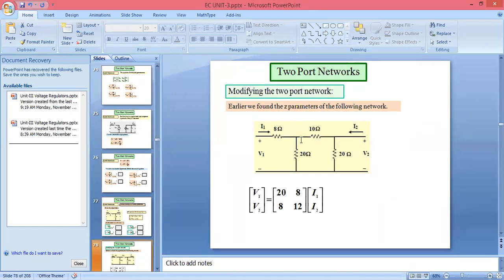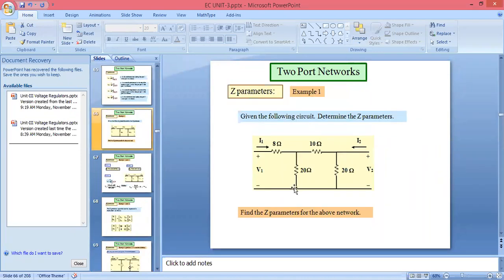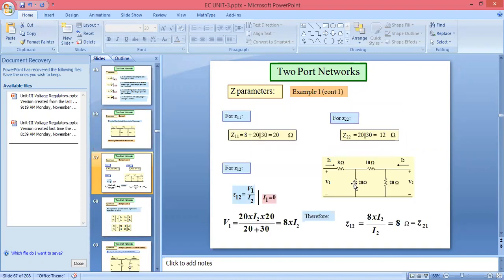If we are having these equations and we are supposed to find the Z parameters, already we have seen that example. We have seen how we are supposed to find it.